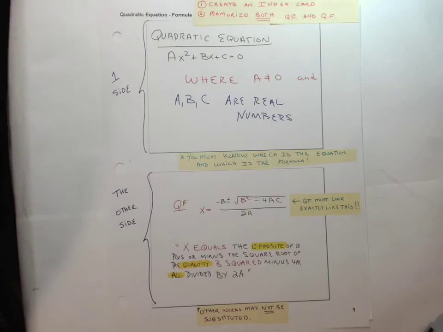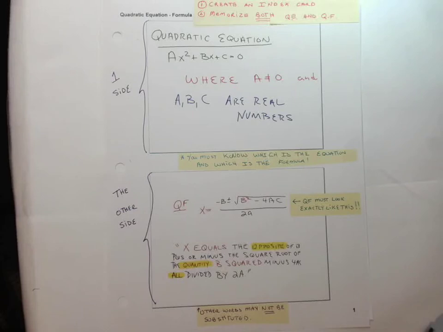This week you are going to be doing a project, which can be a PowerPoint presentation, a short video, a poster, or whatever you want to do to demonstrate to me that you have memorized the quadratic equation and the quadratic formula.